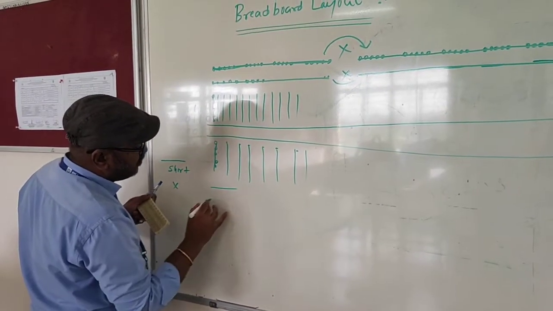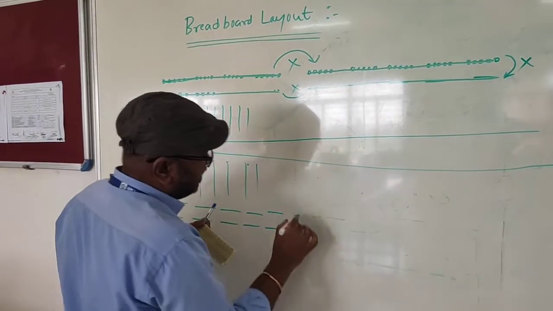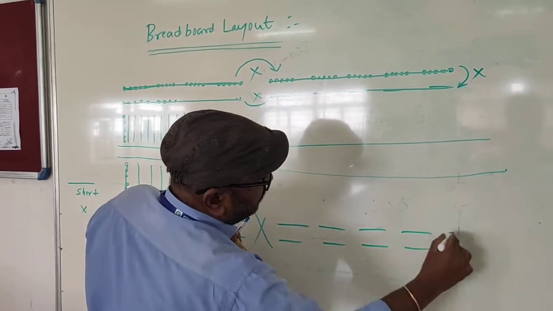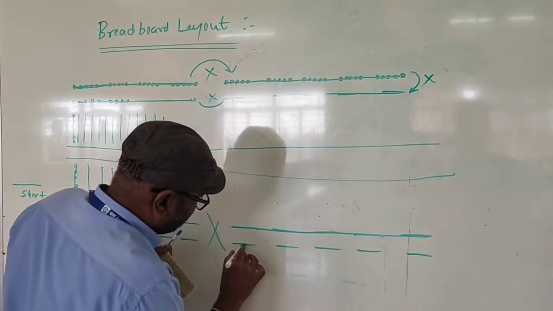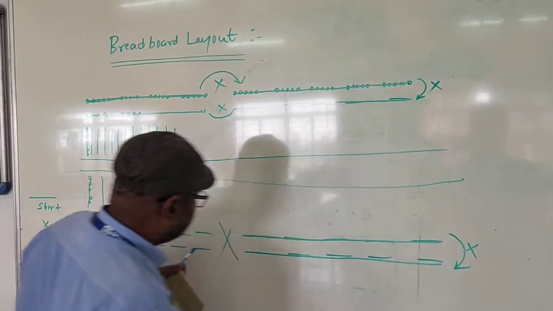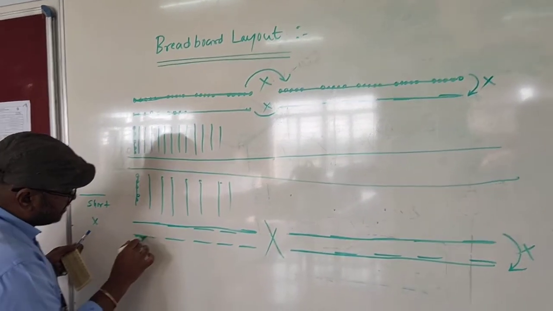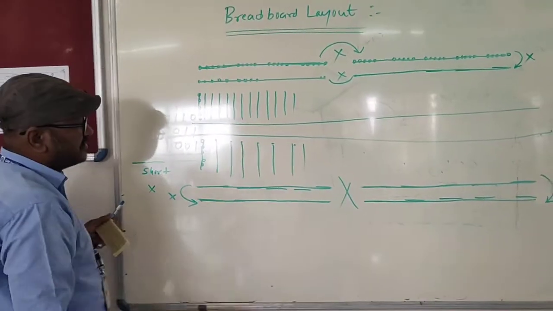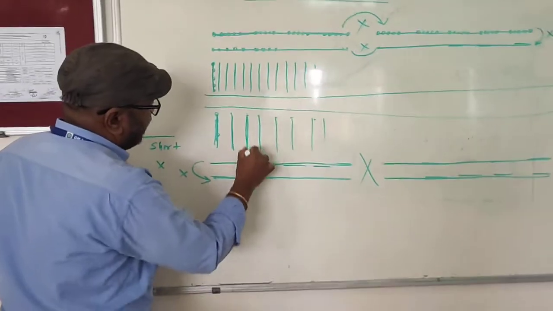In the upper case, there is no connection between these 5 slots and the next ones. These are all shorted paths, and there is no connection between this and this. It is also horizontally shorted. So all the slots in between these are vertically shorted.